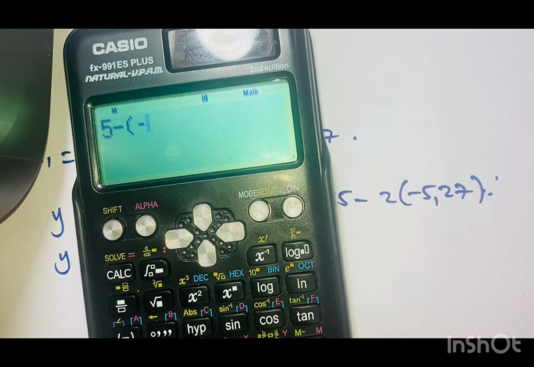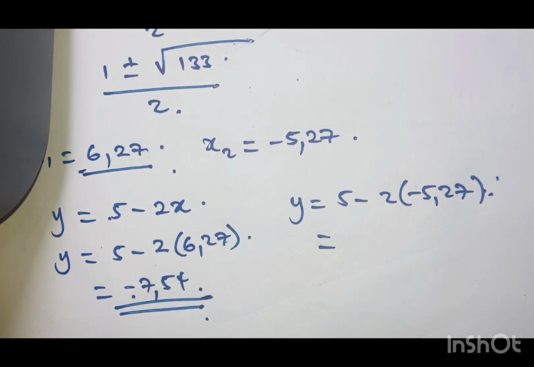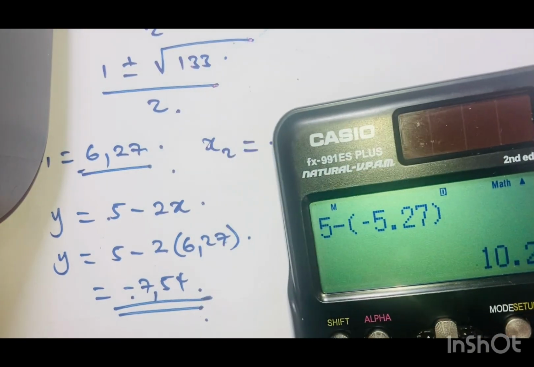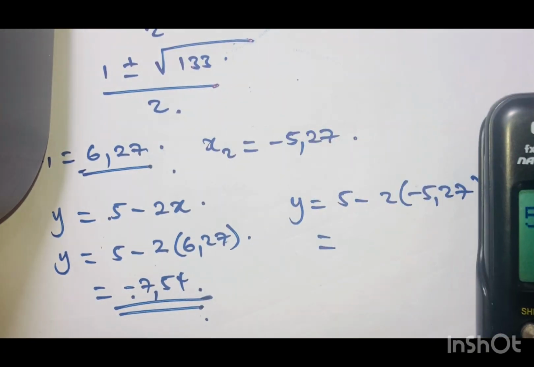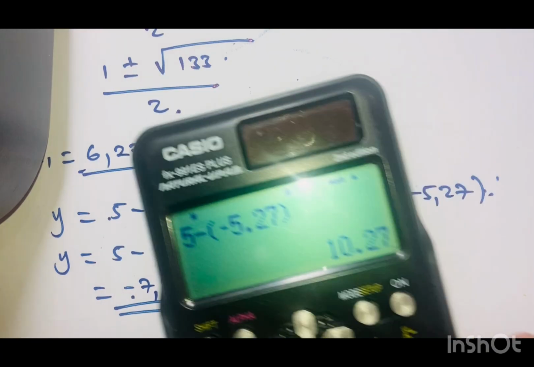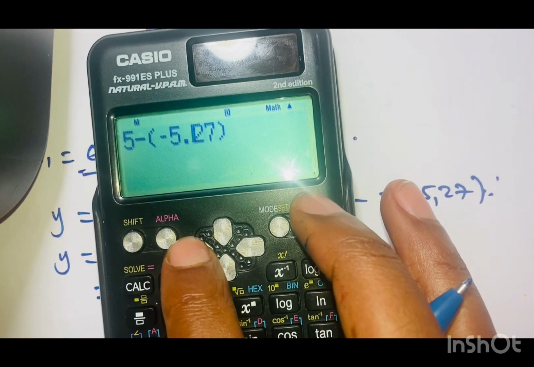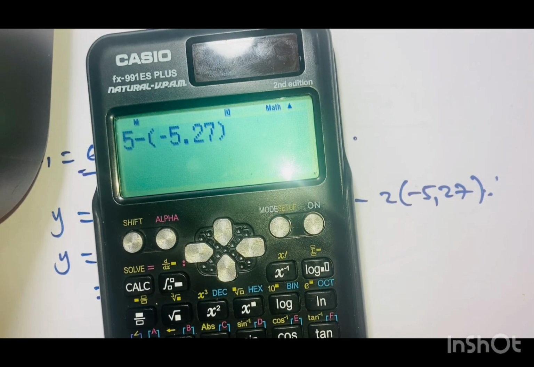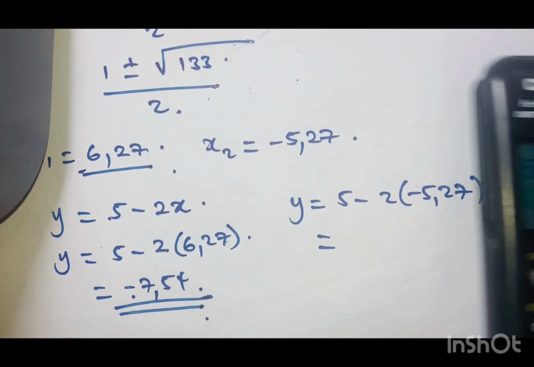Sorry, it was supposed to be negative 5.27 times 2, because there is a 2 outside of the bracket.